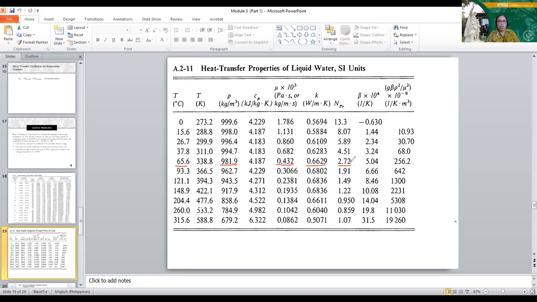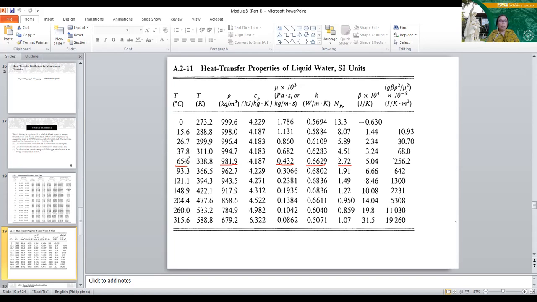The same thing with the Prandtl number, we need it there. So we get from this table four properties of your water based on its temperature, which is 65.6.